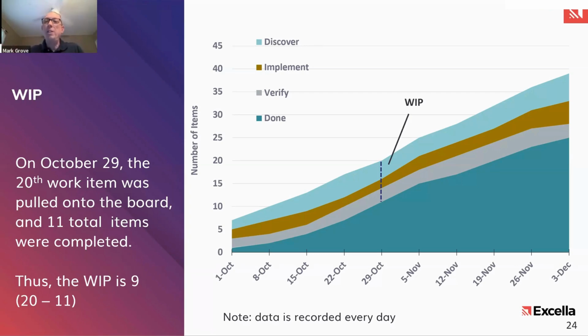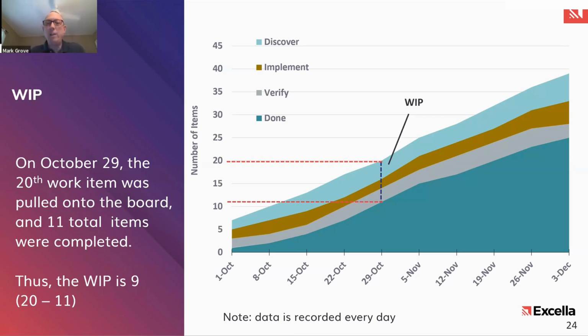You can do a vertical distance for a particular band. You can do a vertical distance for the entire system, and that's what I'm showing here. Everything that's in your system, discover, implement, verify, that is your WIP. Any vertical place is your WIP, and the way you actually show it is by those red lines that I've provided there.